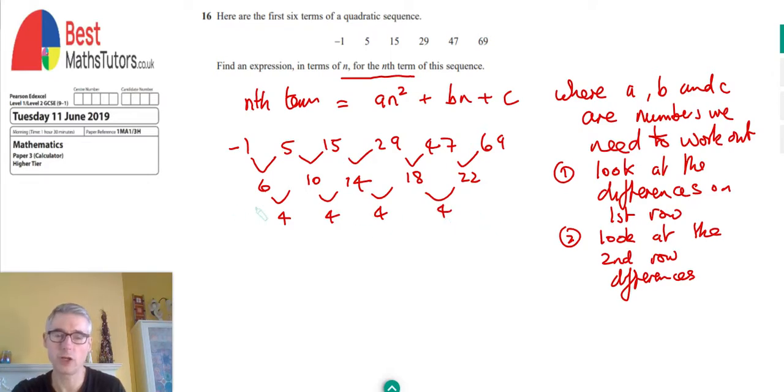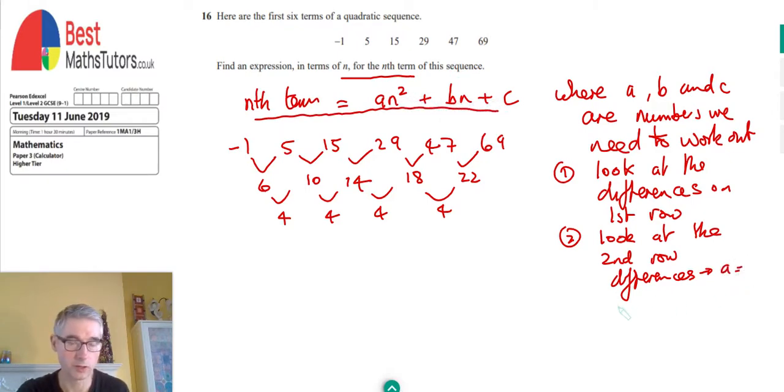So we've got a constant number on the second row, and we can say that to find the value of a in our nth term formula, a is equal to half the second row difference.